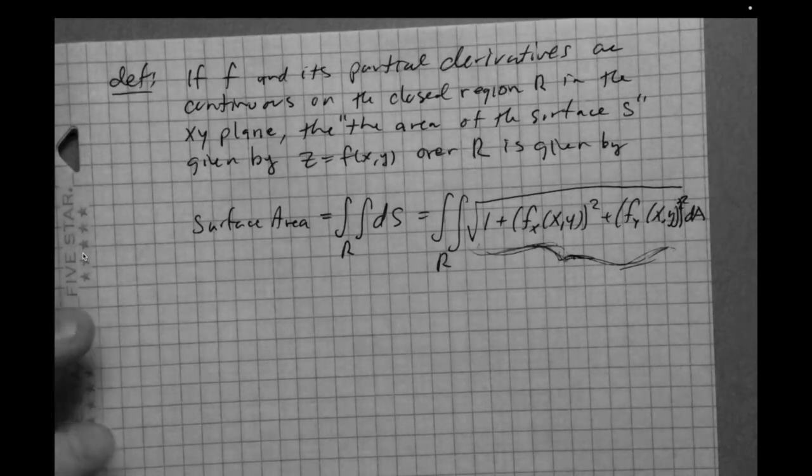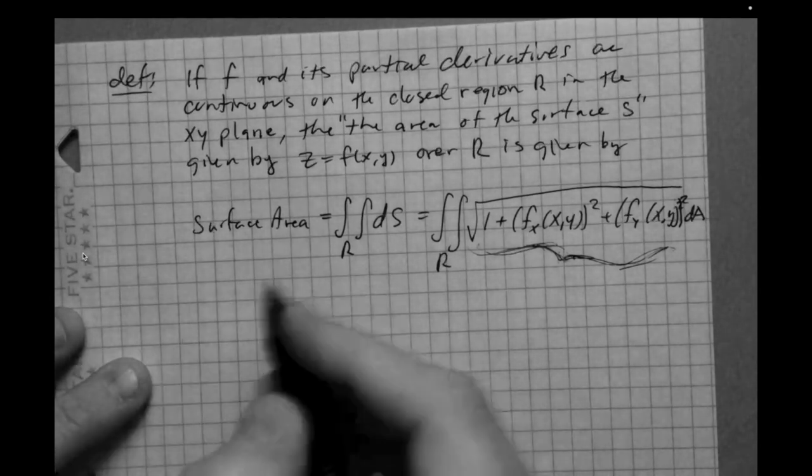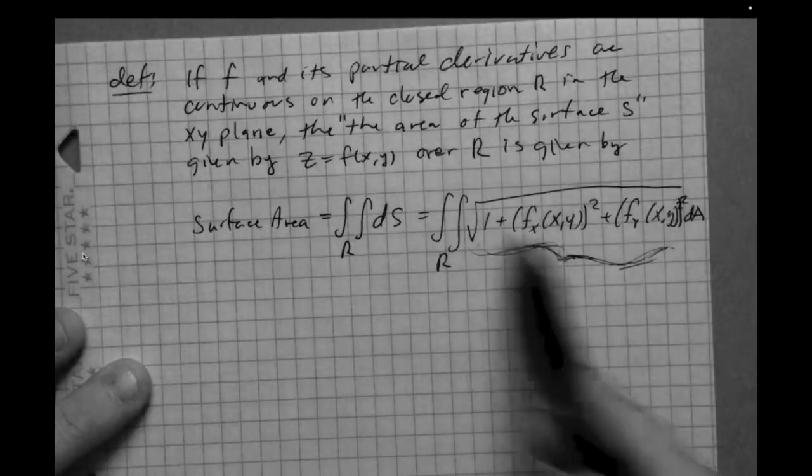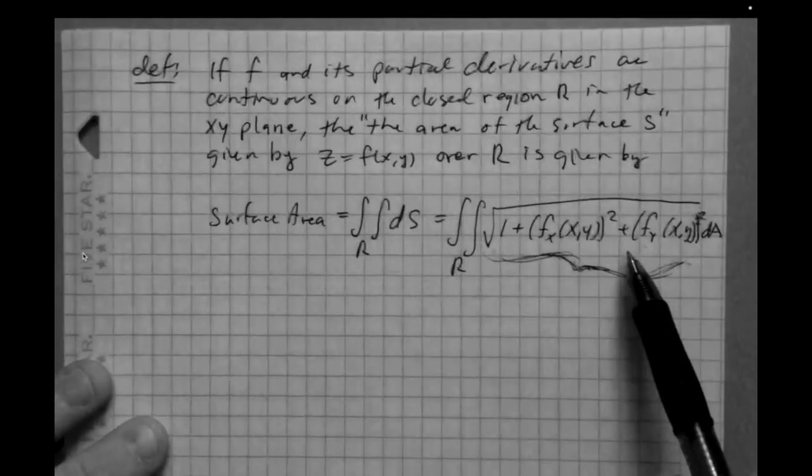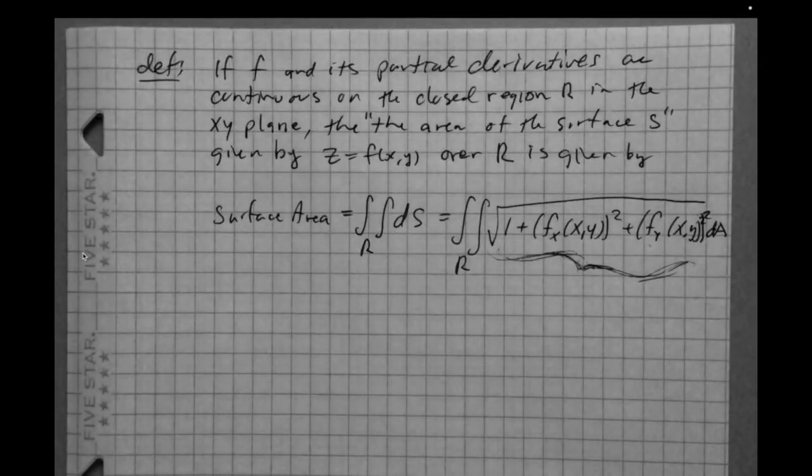So it turns out that this formulation for calculating the surface area is pretty much perfectly analogous to the definition of arc length from Calc 2, right?